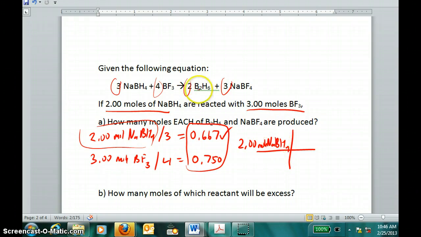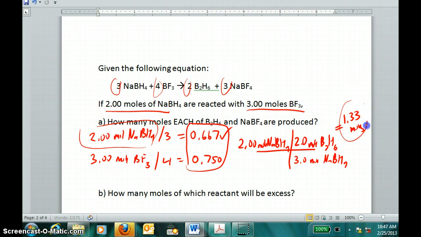I can make as much of that product as these 2 moles of reactant allow me. And I notice it's a 3 to 2 stoichiometric ratio. So I can get 2 moles of B2H6 for every 3 moles of NaBH4 that I use up, meaning we'll get 1.33 moles of that product.